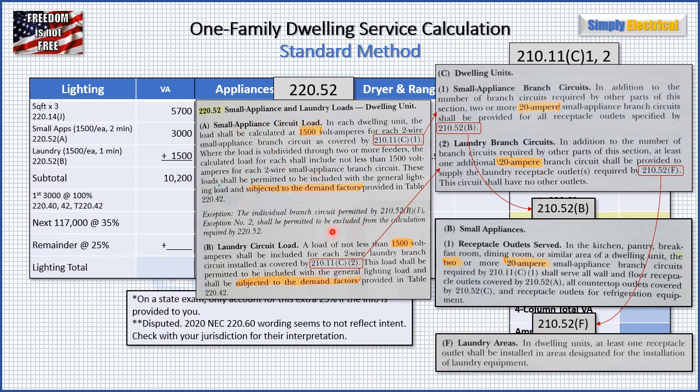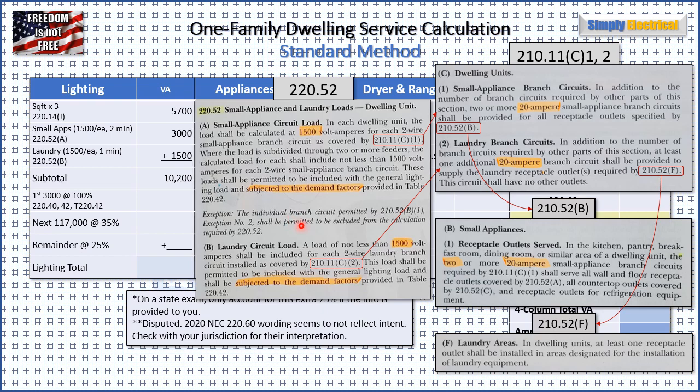Like if you have, say, a countertop microwave, that would generally be covered here, but with the exception, we don't need to figure that in if it's on its own circuit. It can be fed by another circuit that's not part of the small appliance circuit load.